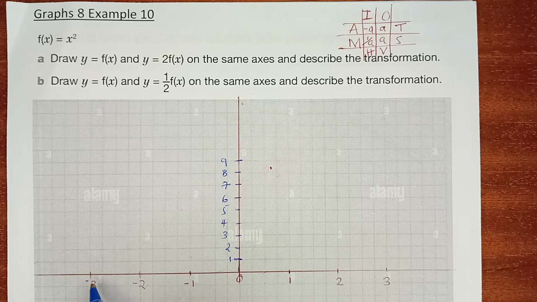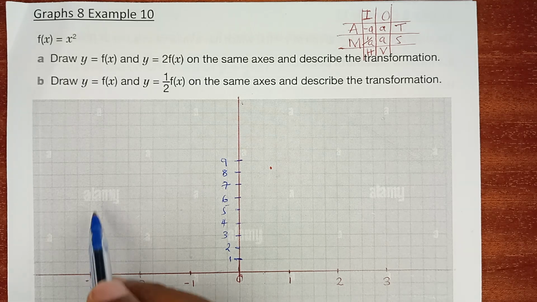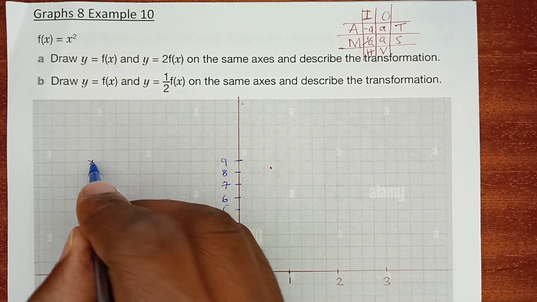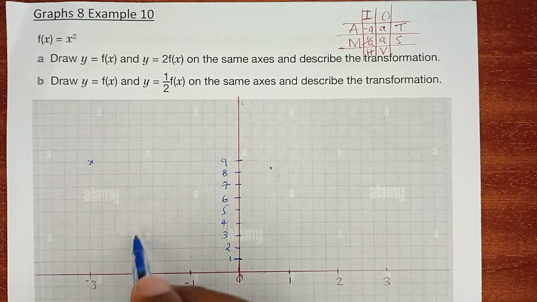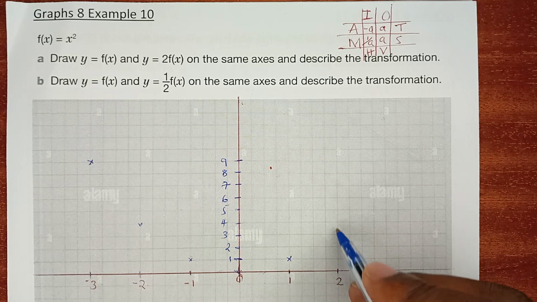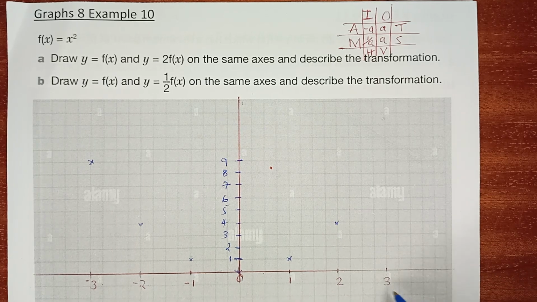When x is minus 3, squared is 9, so we land there. Minus 2 squared is 4. Minus 1 squared is 1. 0 squared is 0. 1 squared is 1. 2 squared is 4.